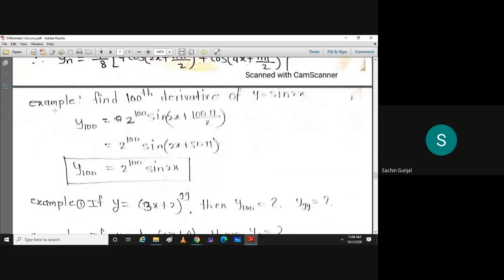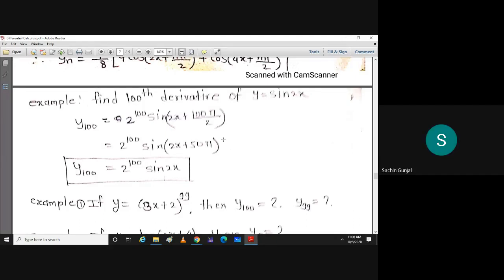So next is, what is the 100th derivative of sine 2x? Sir, in the formula, instead of n, we'll put 100.